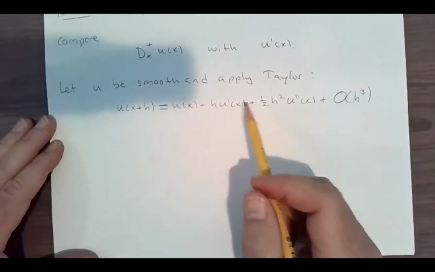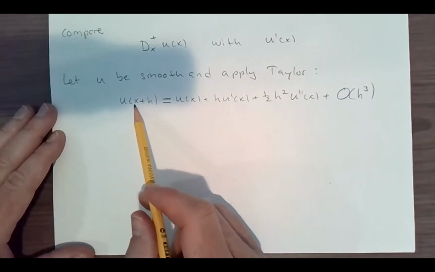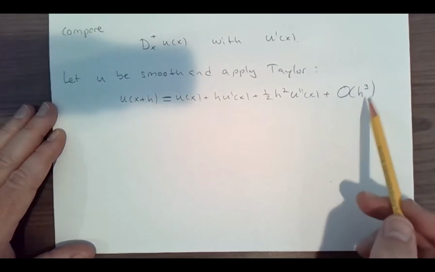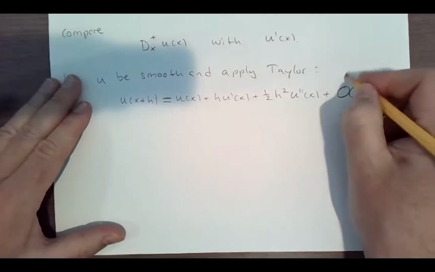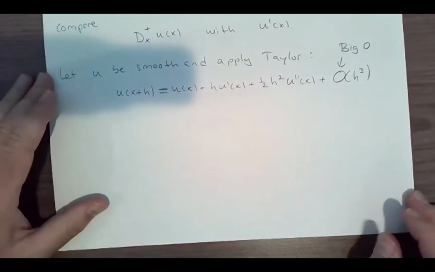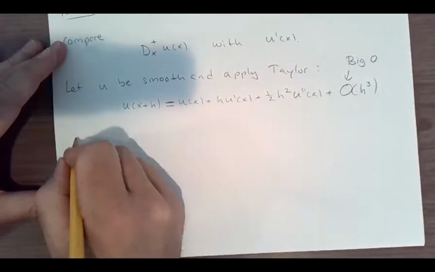You have a smooth function. Taylor's theorem says that you can expand this out, and you'll have a remainder, an error term that is in big O. So now I can compare the two. I take the difference, and let's see how bad it gets.